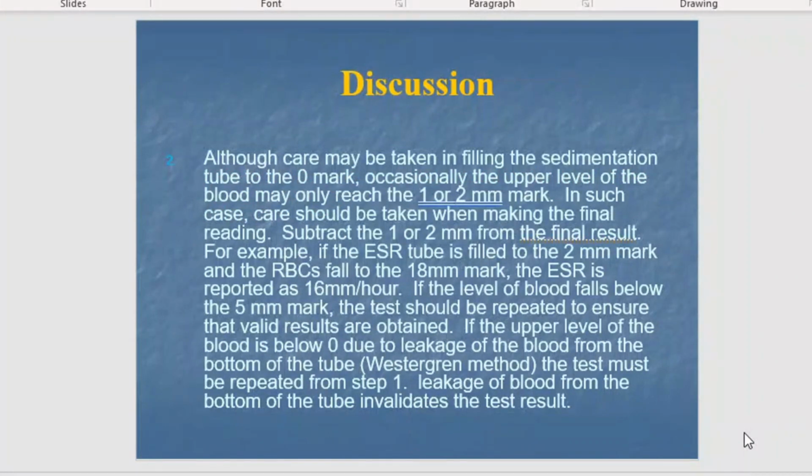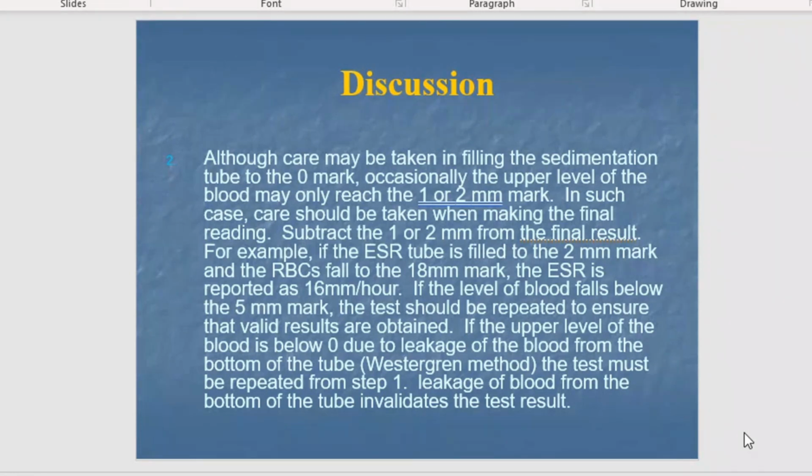Care must be taken with people suffering from different diseases, where the erythrocyte sedimentation rate can be used to identify the diseased condition.